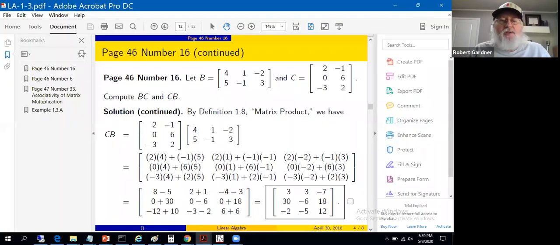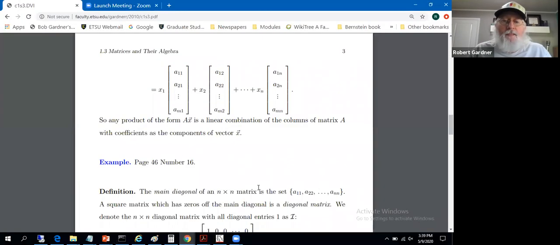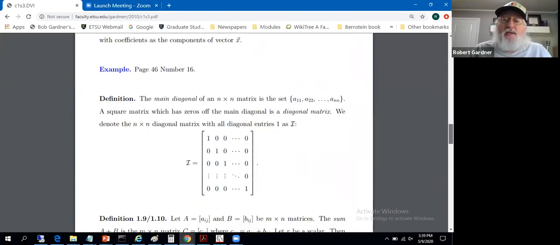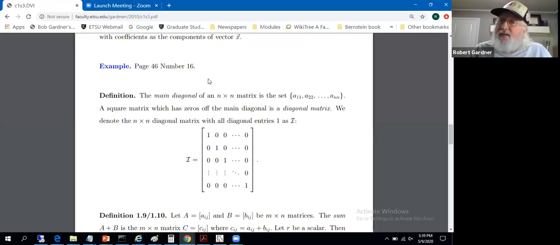All right, so the takeaway on this is we did not get B times C to equal C times B. This is not a commutative operation. So I'm going to step out on a limb here and claim this is the first time you've seen a mathematical operation that ain't commutative. If I'm wrong, it's probably because you've seen matrix multiplication before.